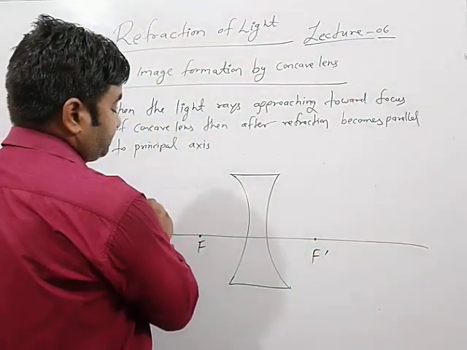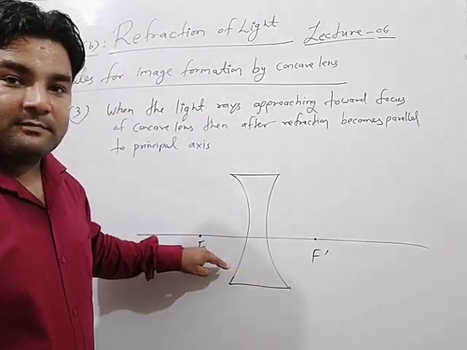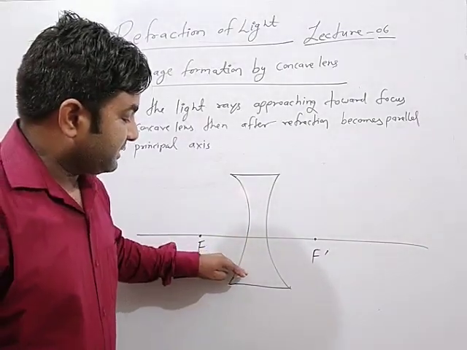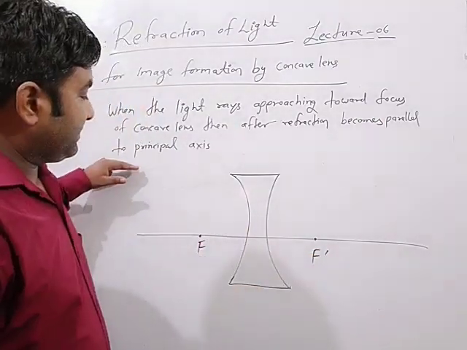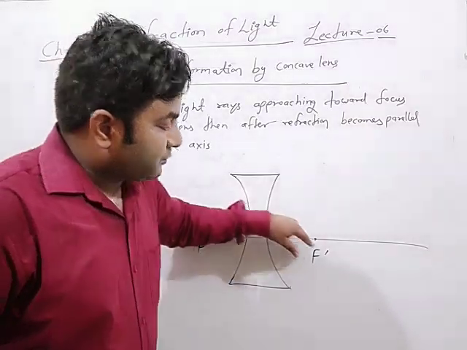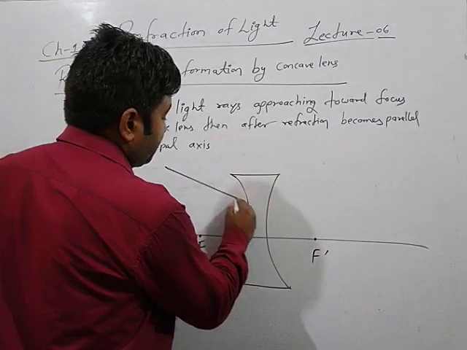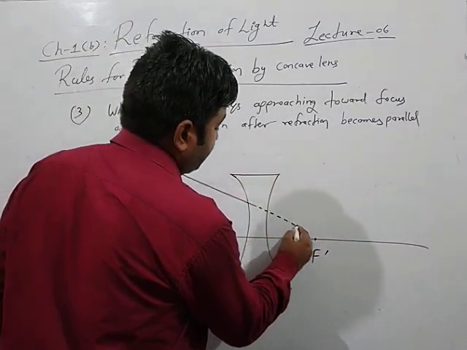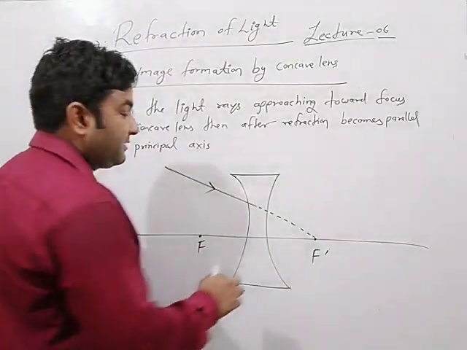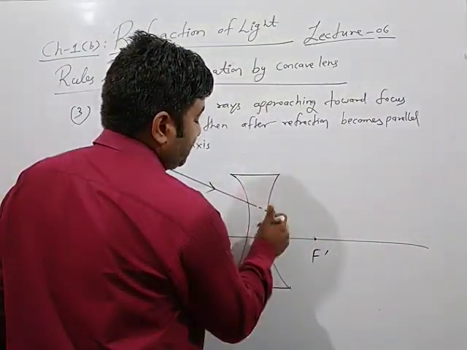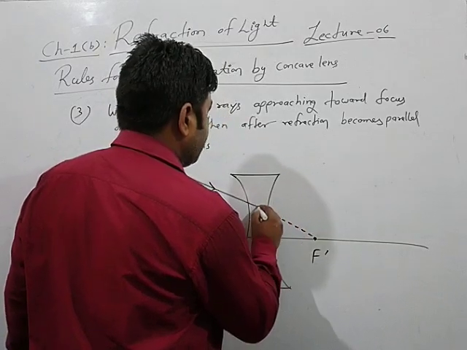The light ray either passes through this focus, then after refraction becomes parallel, or whenever approaching toward this focus, then also after refraction it becomes parallel to principal axis.